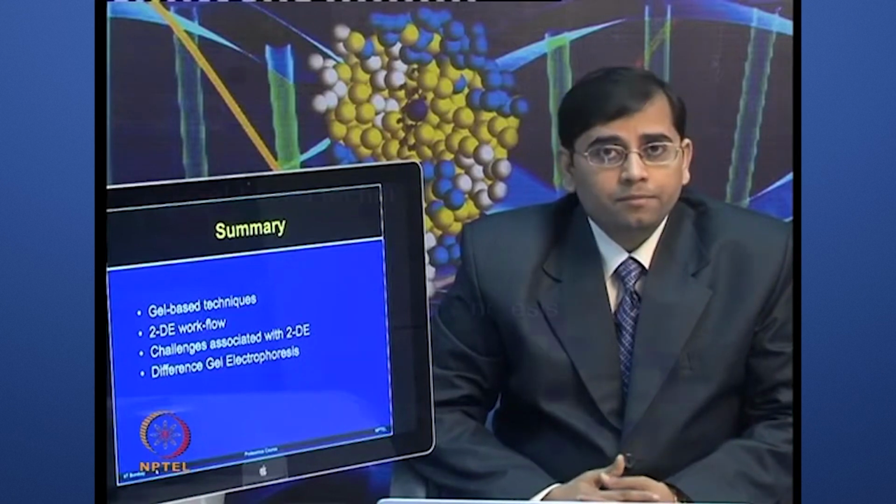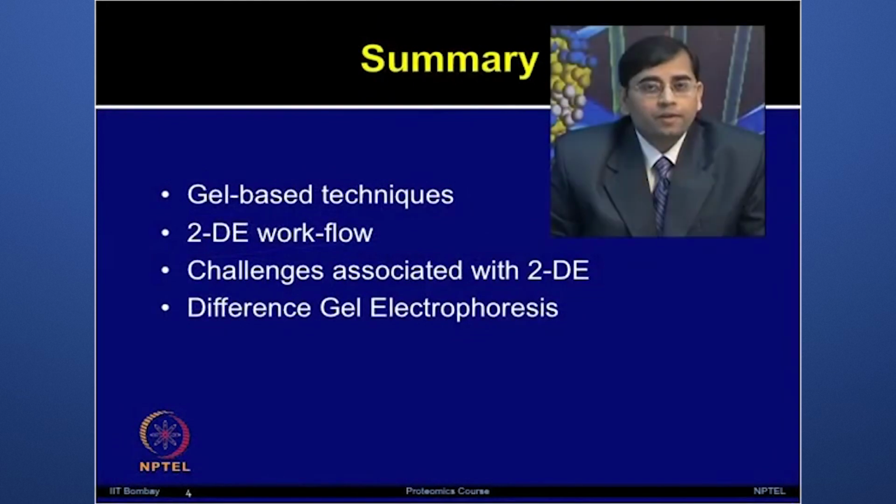So, in summary, in this module we have discussed gel based techniques. We talked about basic separation by using SDS-PAGE and blue native PAGE, then how to perform isoelectric focusing, and by combining those two methods, how to perform two-dimensional electrophoresis. I gave you a workflow for performing a two-dimensional electrophoresis experiment.